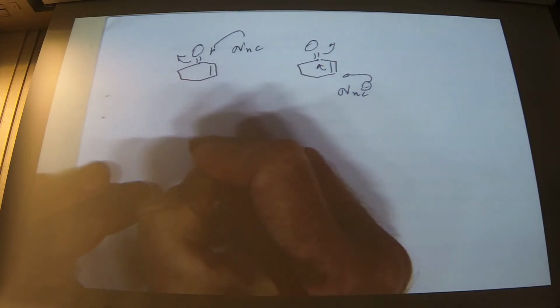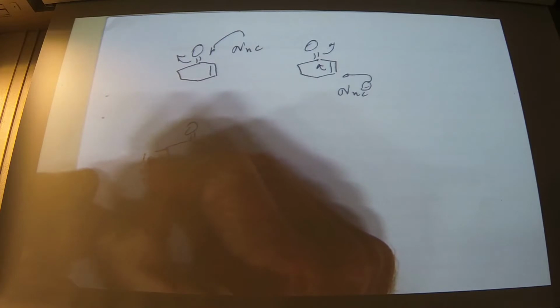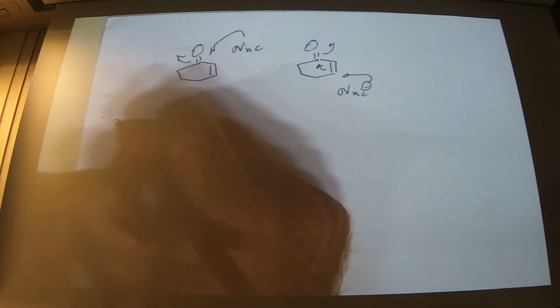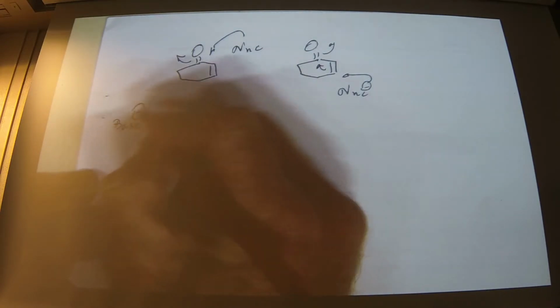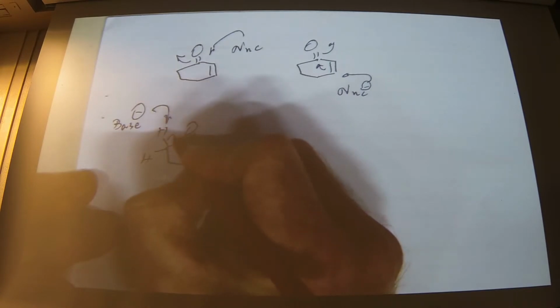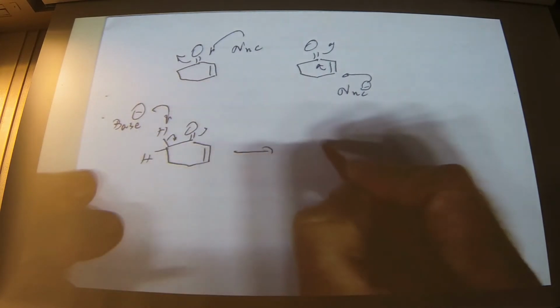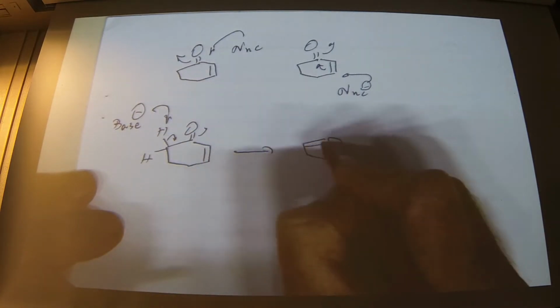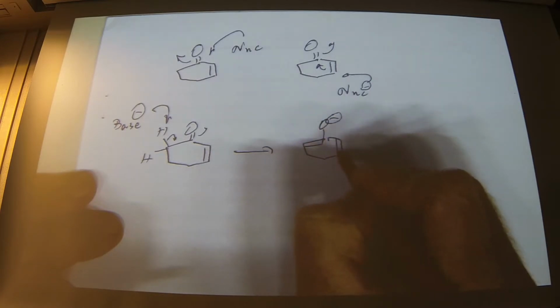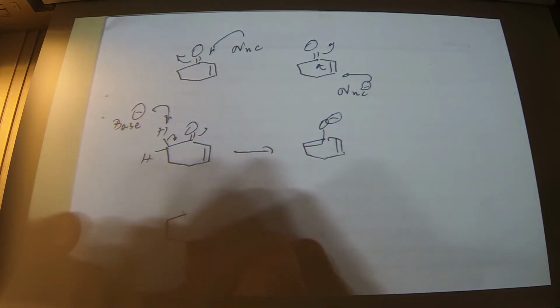Or if I have a base, it can form this enolate. I'll just show the enolate here so you can see it. But if I have a base, it can also react here, can't it?